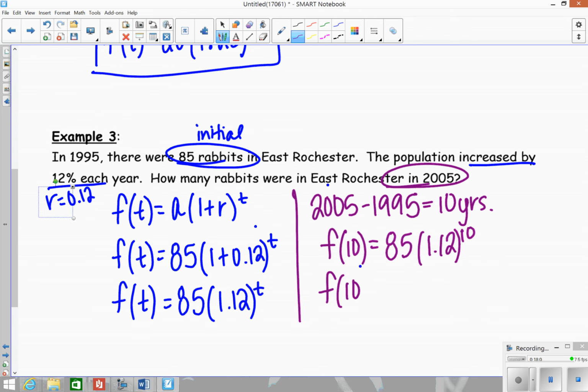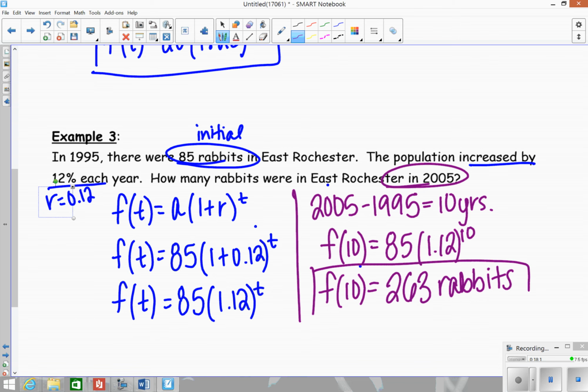So when you plug 10 in, we get 263 rabbits. And for this one, I rounded down again, even though by rounding rules, 263.9971 is what I would have gotten out. That would have been rounded up.